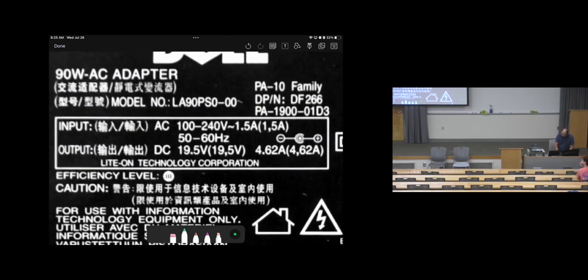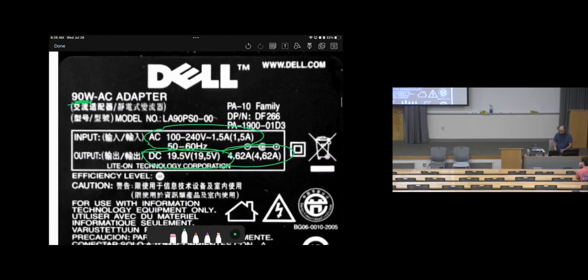Look at the input and outputs. Let's assume this is the original model for your laptop charger.